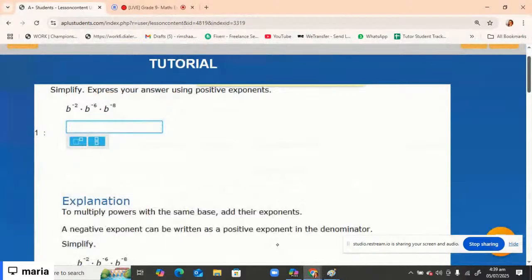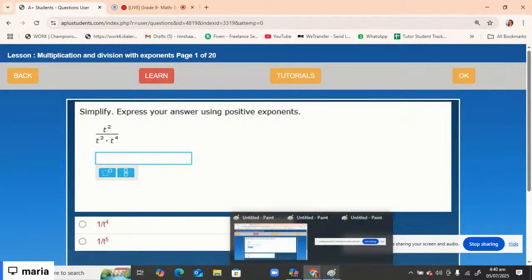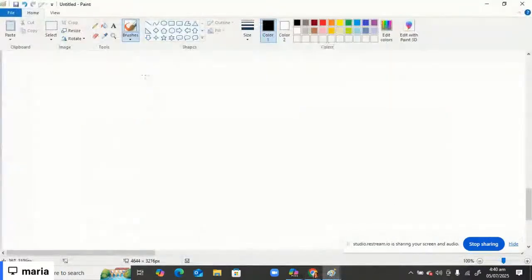All right, let's do some test questions. t square, t power minus 3, t power minus 4, over t.